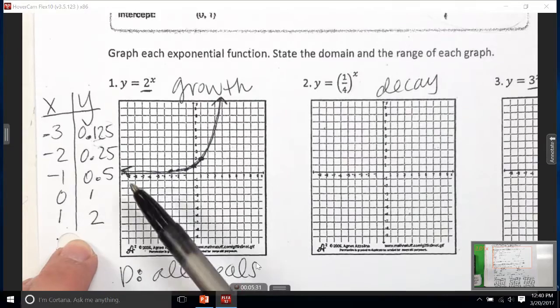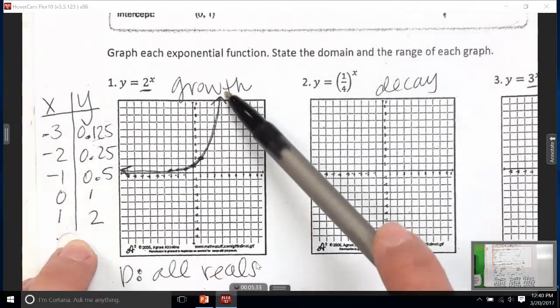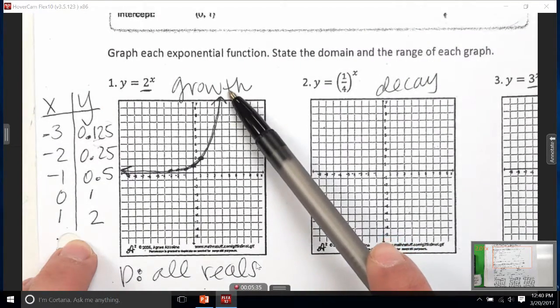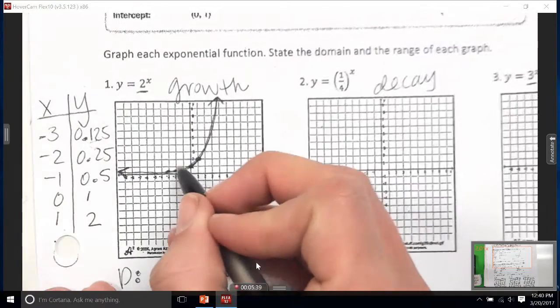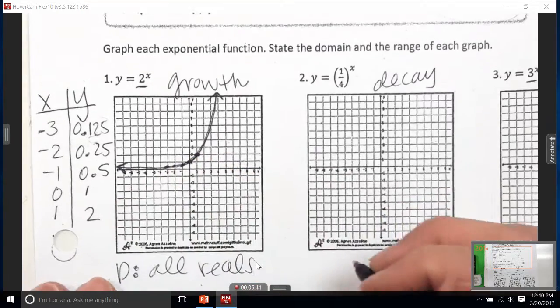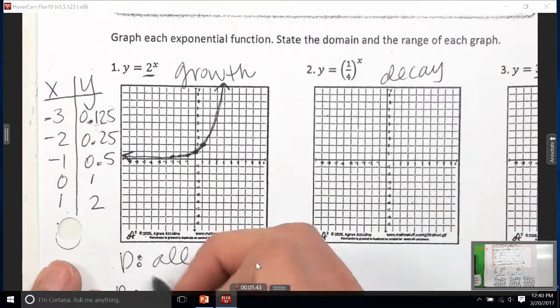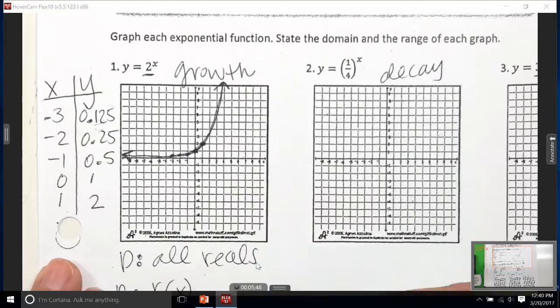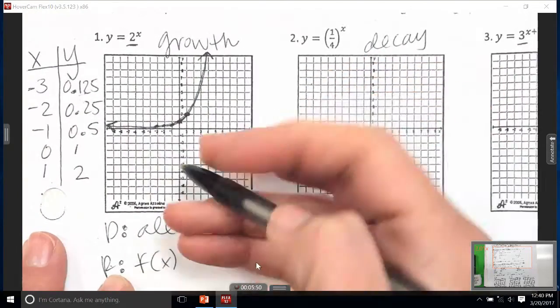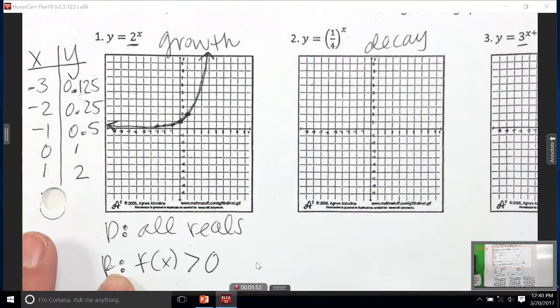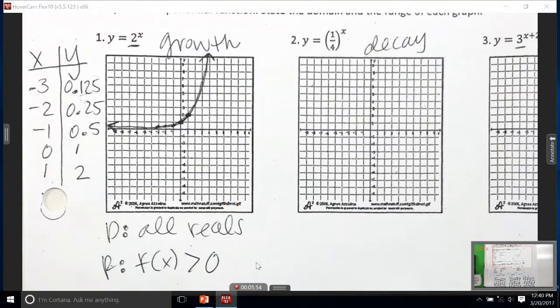They're not less than 0. They are what? Greater than 0. Right? And do you think it'll ever touch 0? No. Nope. It'll just keep getting closer and closer. Maybe it finally will. We don't know. So for f of x, we're going to have to say that all these values are what? Greater than 0. Good. Couldn't put equal to because we don't know.